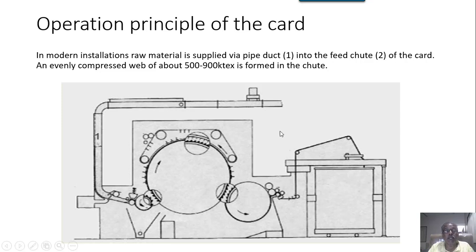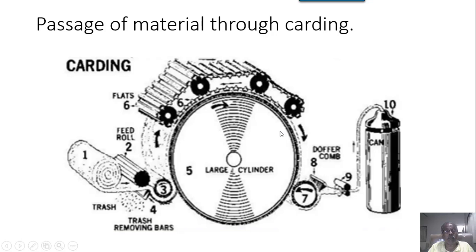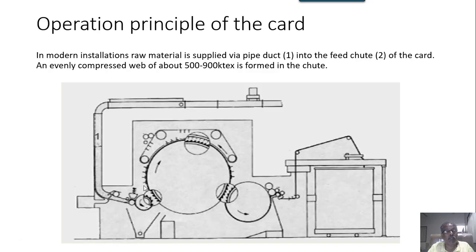Now the difference between the lap feed system on the carding machine and the chute feed system is that here we are getting a regular feed, a regular bulk of the material, which was very difficult to obtain when the lap was prepared in the blowroom department.